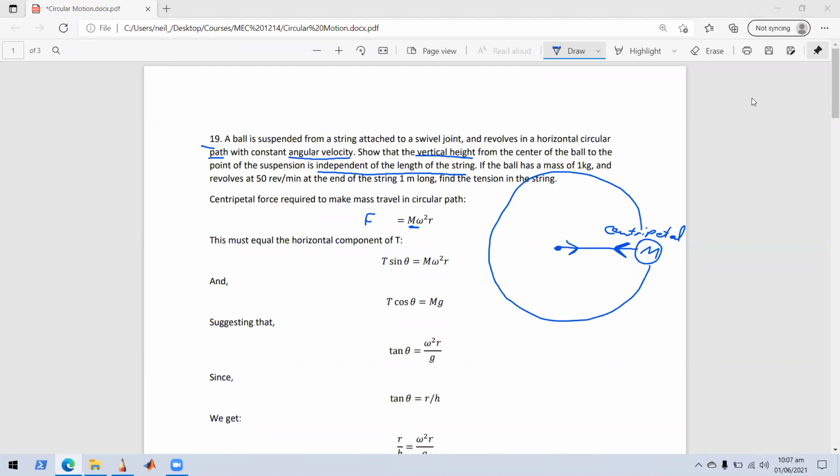So the centripetal force is the force pulling the mass inward, keeping it this way, right?